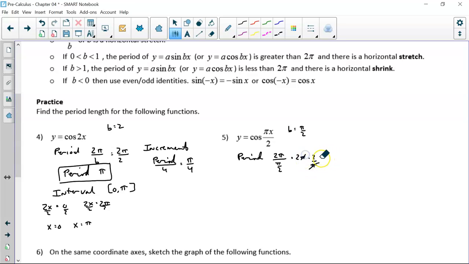The pi's cancel, so our period is actually just 4. Now I'll find my increment next. The increment is going to be the period divided by 4. So the period is 4 divided by 4, so the increment is 1.